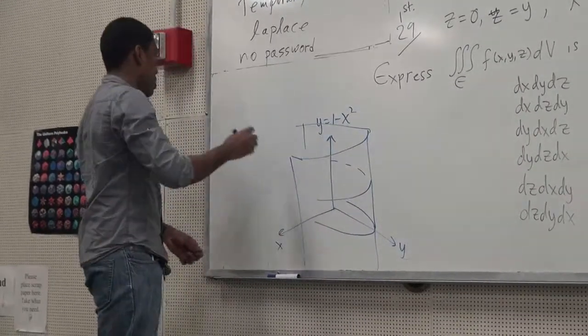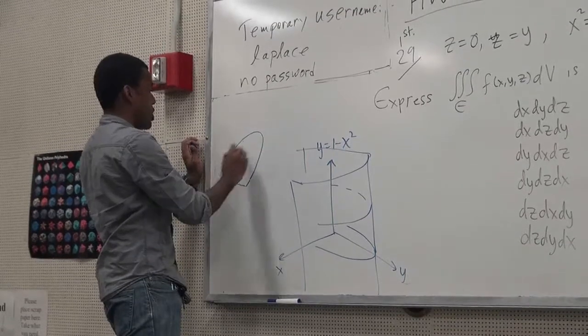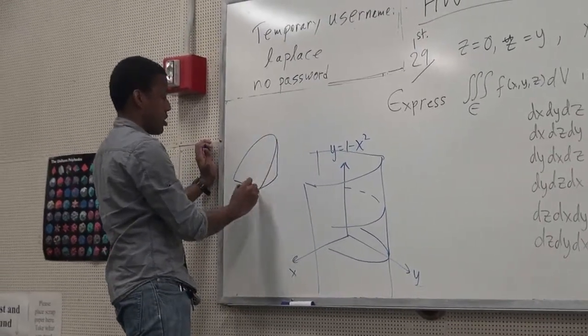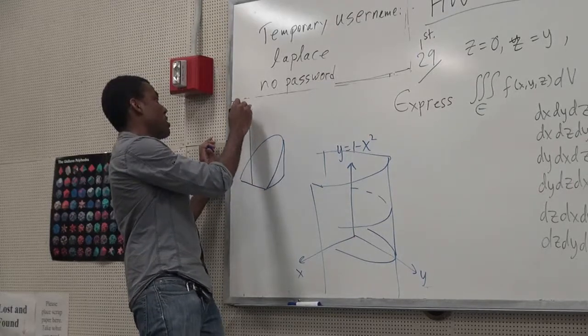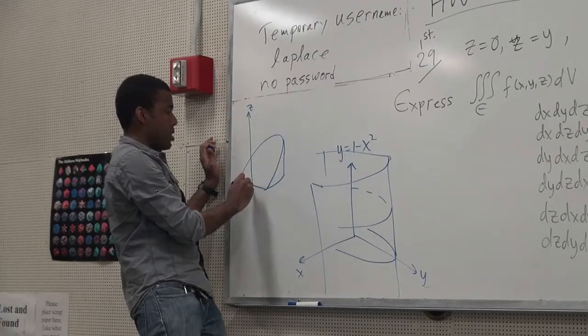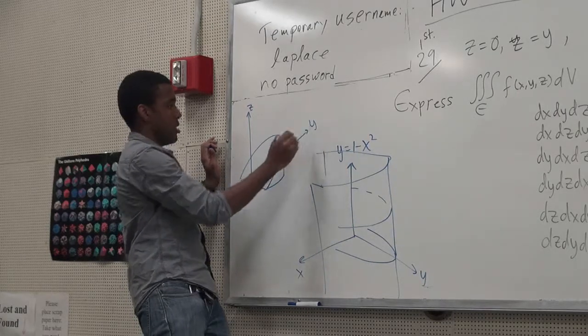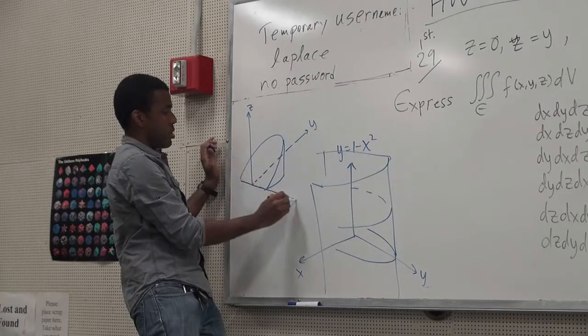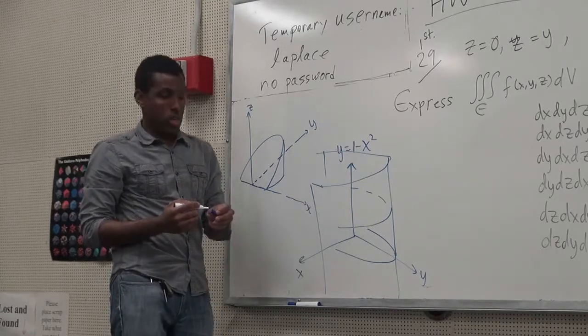So from another view, it would look like a wedge. This would be the Z, the positive Y would go that way, and the positive X would go this way. So that's the sort of thing we're looking at.